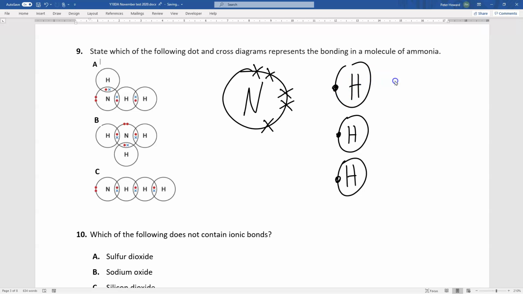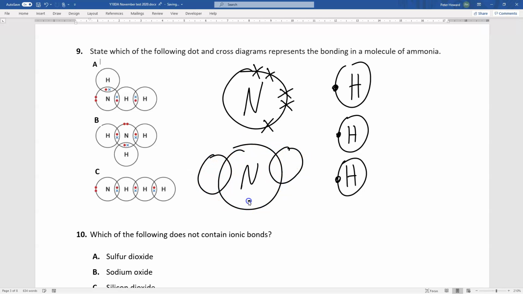Now, hydrogen can only form 1 bond, so we could try putting the nitrogen in the middle, bond it to 3 hydrogens. It's forming 3 single covalent bonds, so 3 shared pairs of electrons, like so. Now, we've said nitrogen has 5 electrons in its shell because it's in group 5: 1, 2, 3, 4, 5. So the answer for this one is B.